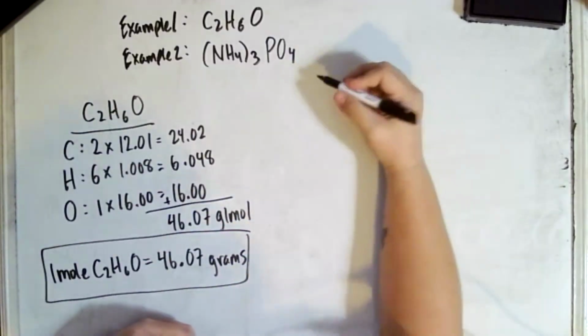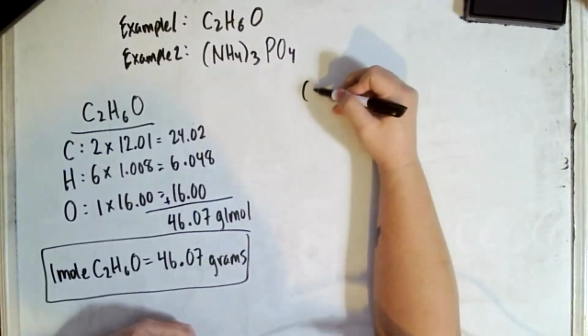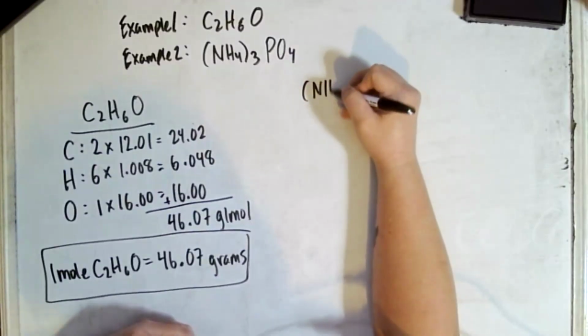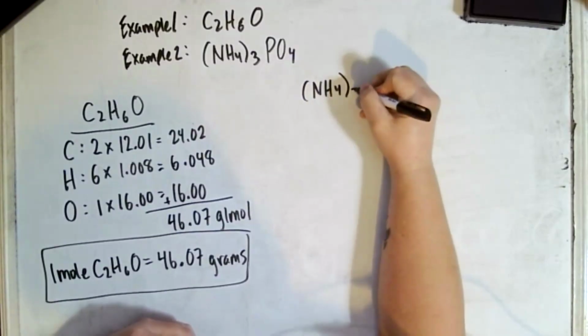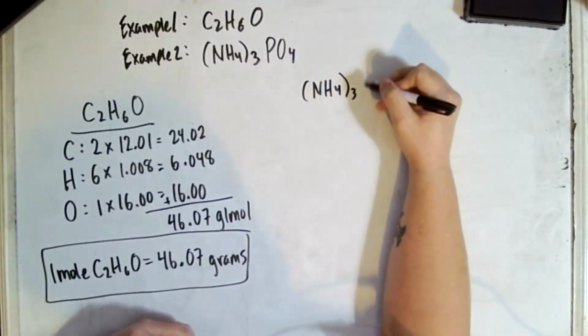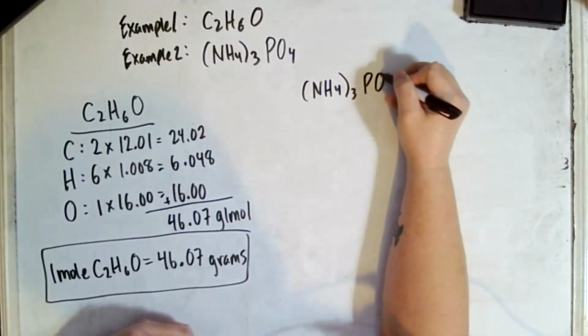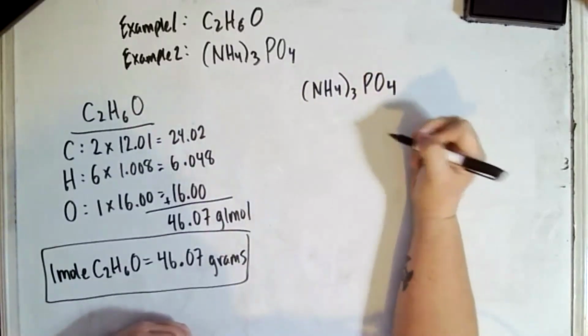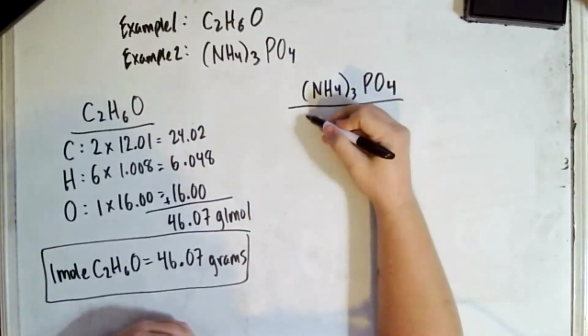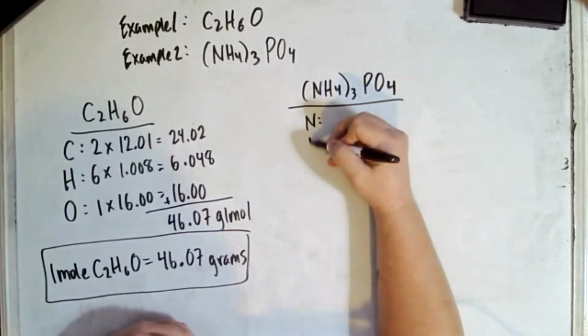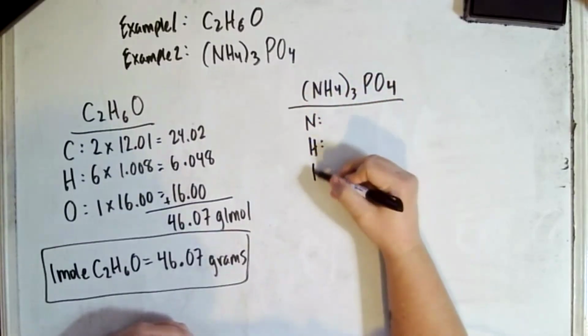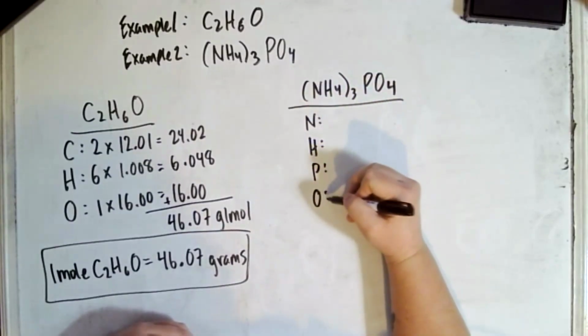Okay. And for example 2, we have our ammonium phosphate. This one's more interesting because we've got parentheses and subscripts and things like that. But we're going to start the same way. We're just going to list out the elements that are present. We have nitrogen, hydrogen, we have phosphorus, we have oxygen.